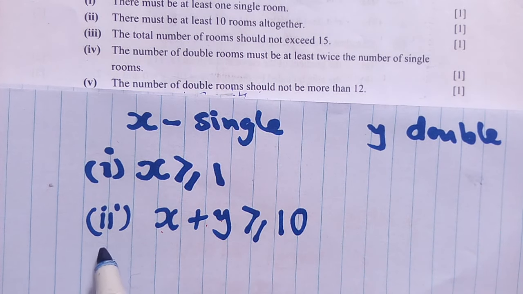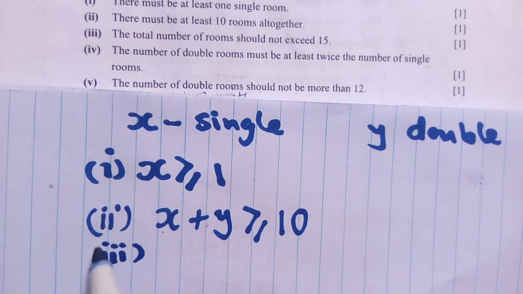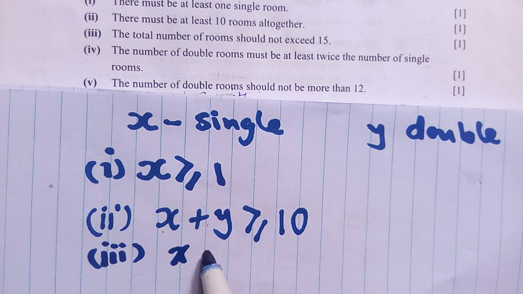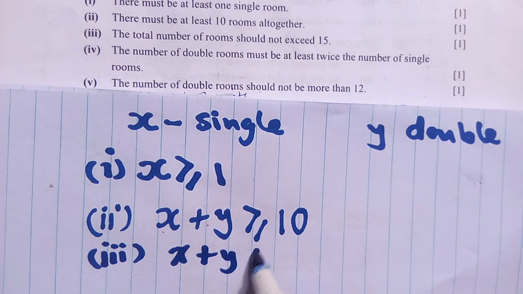So write it like this. This is number 3. Single rooms plus double rooms should not pass 15. Should be less or equal to 15. Exceed is the same as not more than 15. And we know not more than means less or equal to.